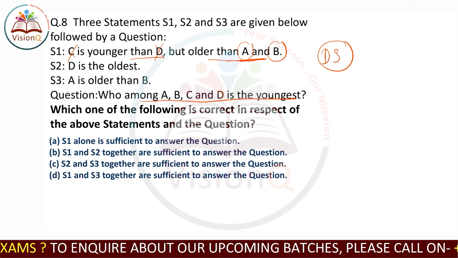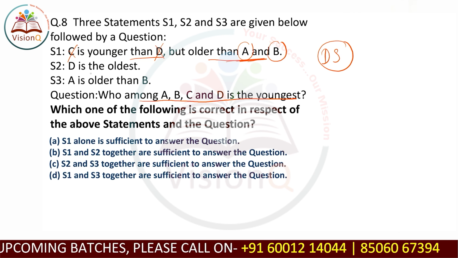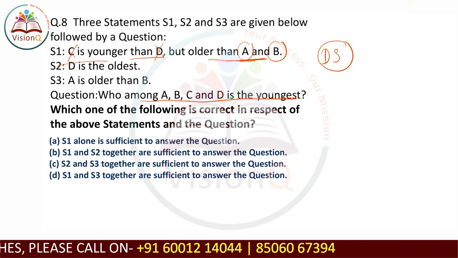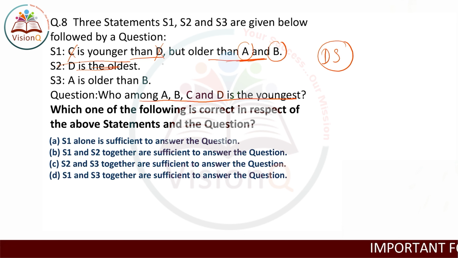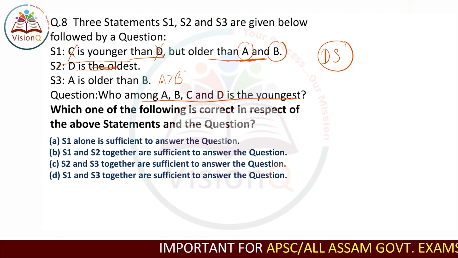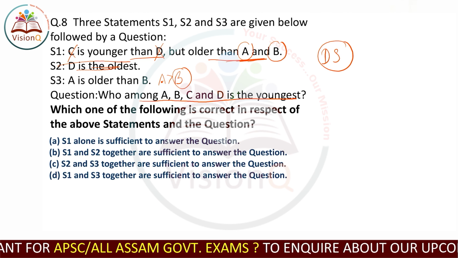Now you need to check out which statement gives relationship between A and B. Second statement is not needed because it is about D. D is the oldest. Third statement gives the information regarding A and B. It says A is older than B. That means out of A and B, B is the youngest.